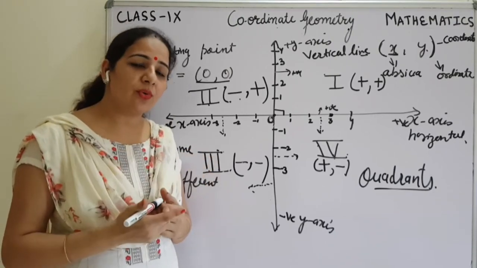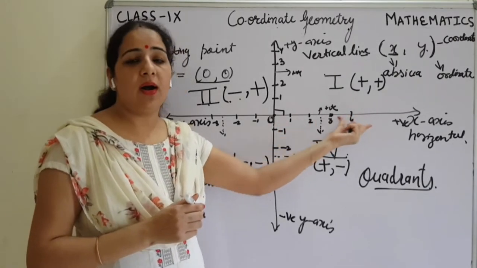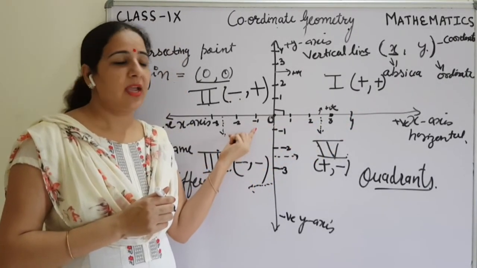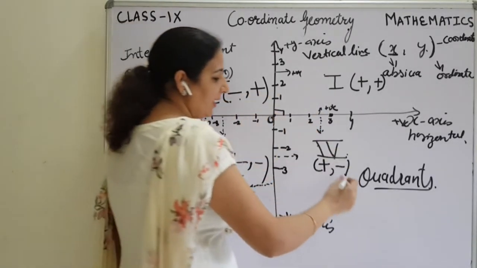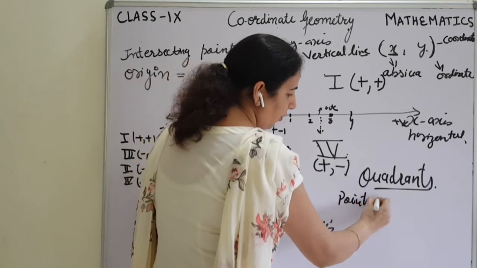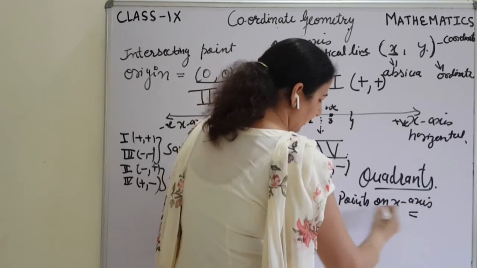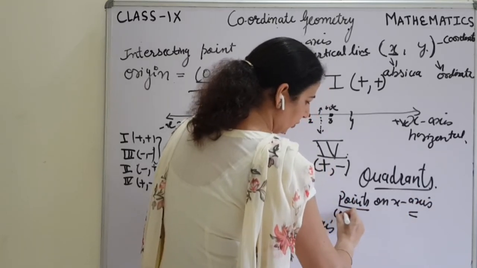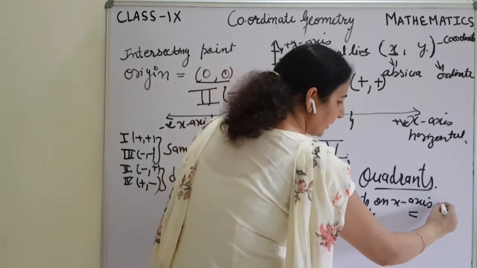Now my next point is, can you tell me the point on the x-axis? The point on the x-axis will look like (x, 0). Coordinates on the x-axis. So what is the form of the coordinate on the x-axis?